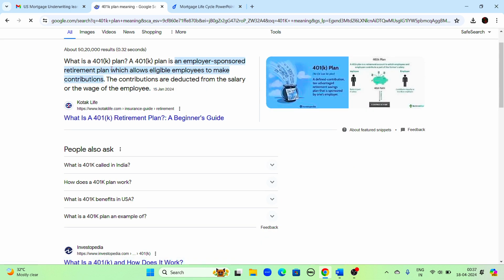An employer sponsored retirement plan which allows eligible employees to make a contribution. The contributions are deducted from the salary or from the wages of the employee.